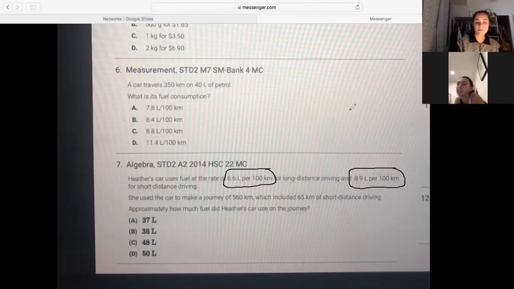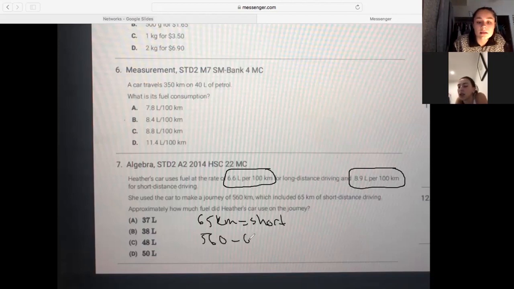So 560 kilometers of long distance driving. Well, it's 560 including 65 kilometers of short distance driving. Okay. So 65. Oh, so the 65's already in the 560. Yeah, so you have to minus. Get the long. 560 minus 65.